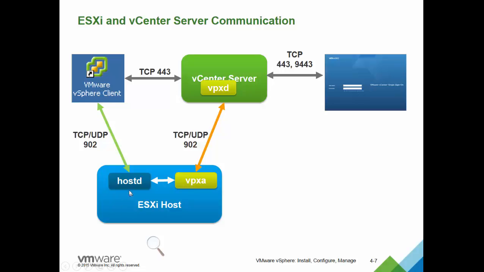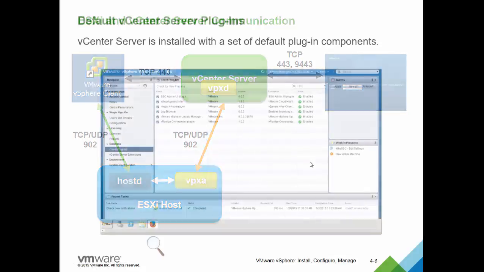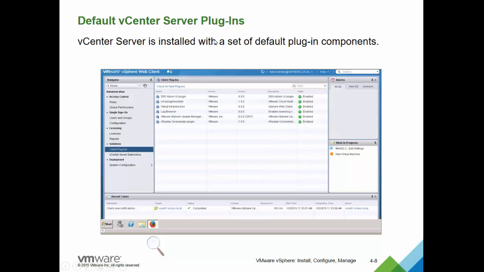But if hostd is there, the web client can be accessed from any of the servers, and the VMware vSphere client, the thick client, will still connect to hostd. So these are the service names through which we communicate with ESXi, either from vSphere client or from vCenter, right? And the ports, of course, you have to open in the firewall, right? But let's go ahead a little. Default vCenter server plugins.